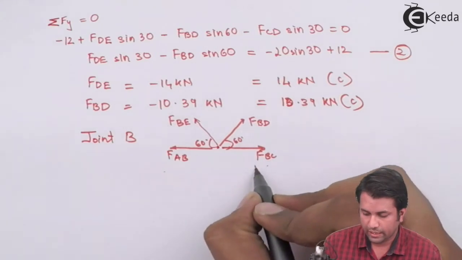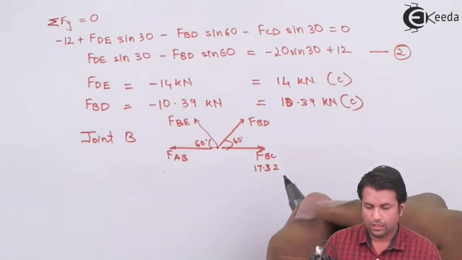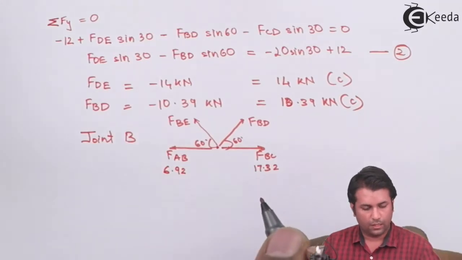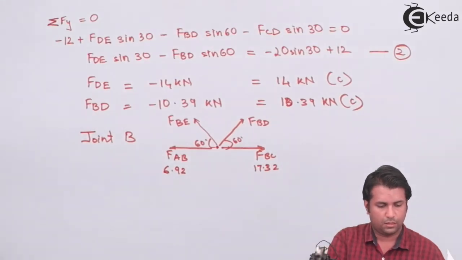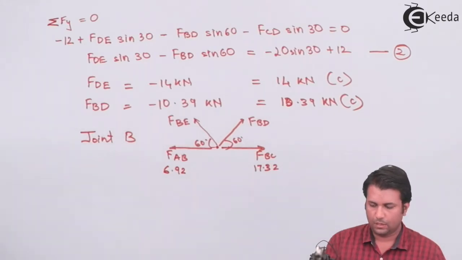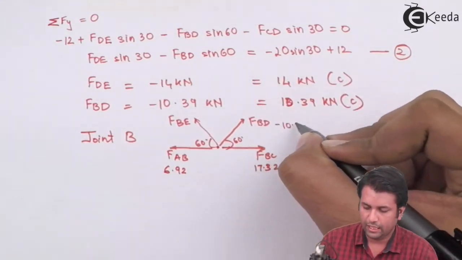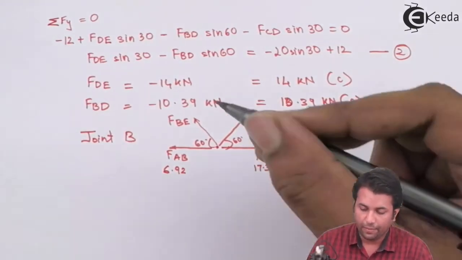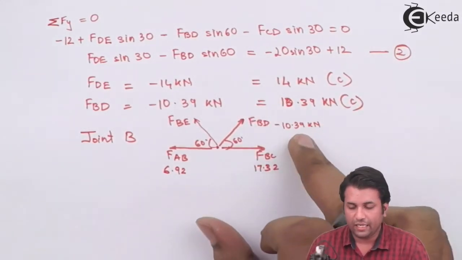BC, it was 17.32 kilonewtons. AB, it was 6.92 kilonewtons. And BD, I have got it as minus 10.39 kilonewtons. The reason for taking minus is I'm assuming the force as an outward force, but I know that this is a compressive force.